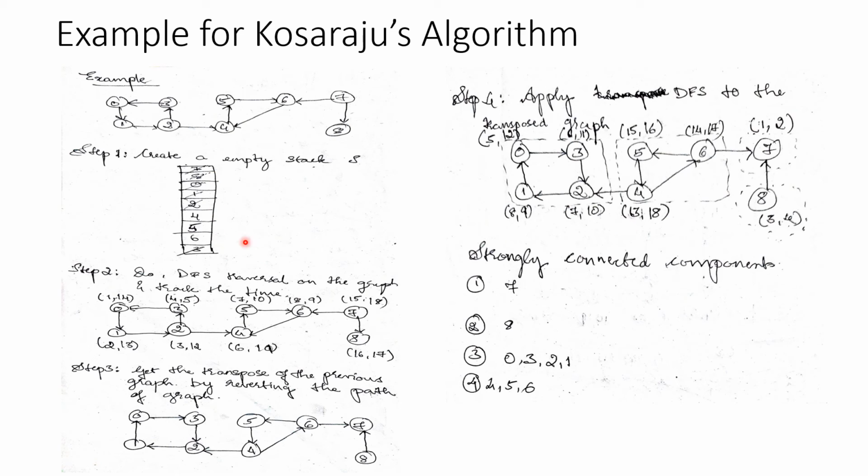Once you pop out all the elements from the stack, you stop and check which are the strongly connected components. Each time you finish visiting a set of vertices, you update them as your strongly connected components. So this is how your Kosaraju works.